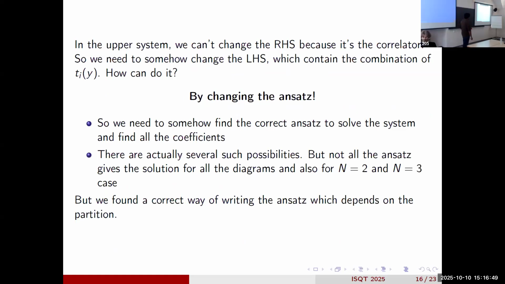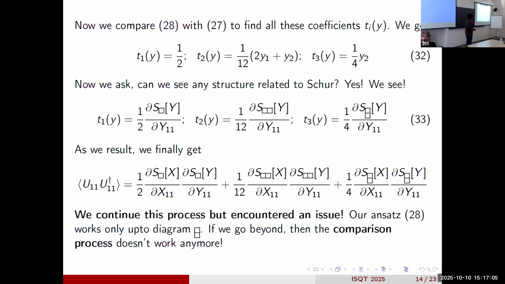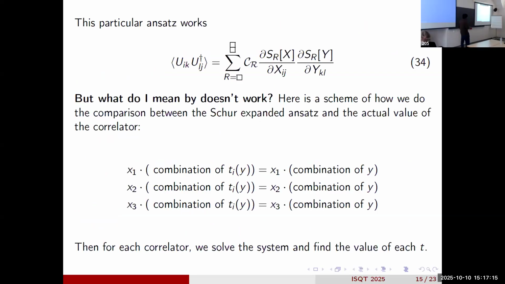So we changed the ansatz and did a lot of experiments on how we can write the ansatz to get a good system to solve. And what we observed was that in this case there was only one differentiation of Schur polynomials. But if we take the second differentiation of Schur, then it gives us a correct answer.